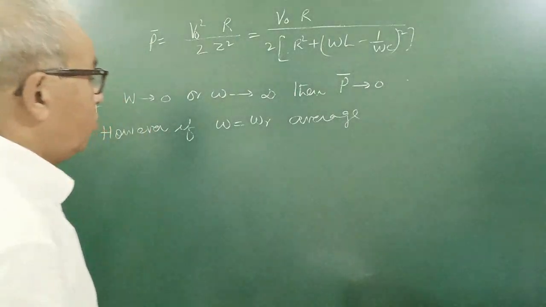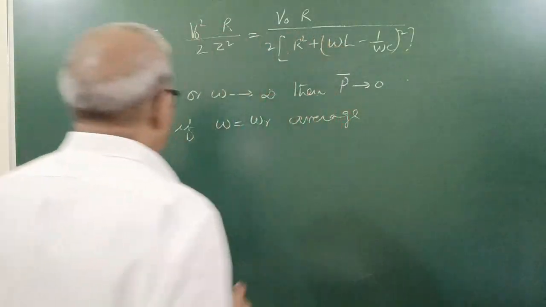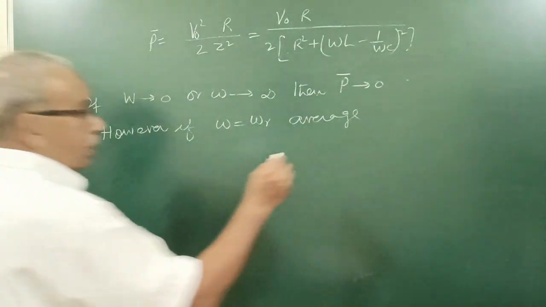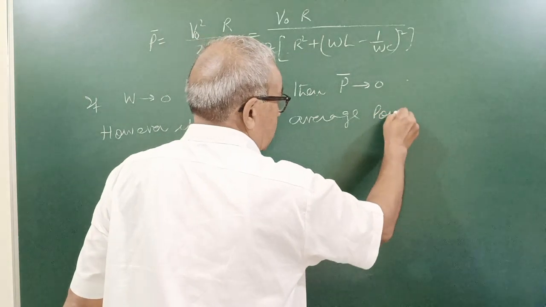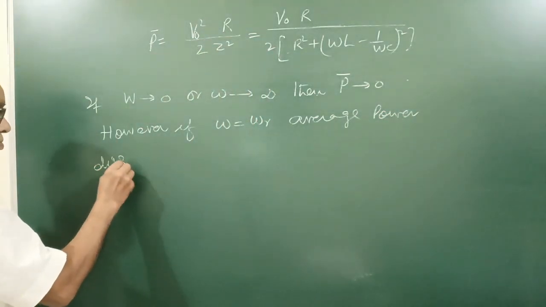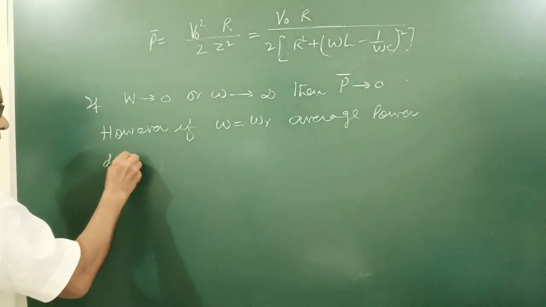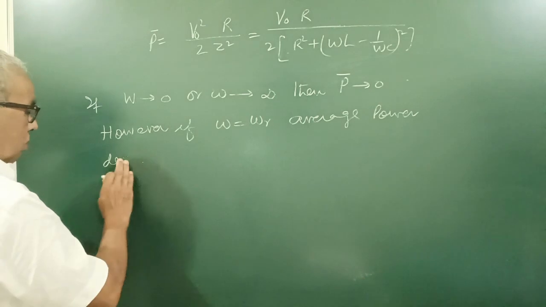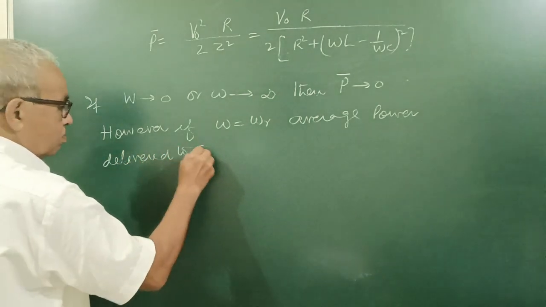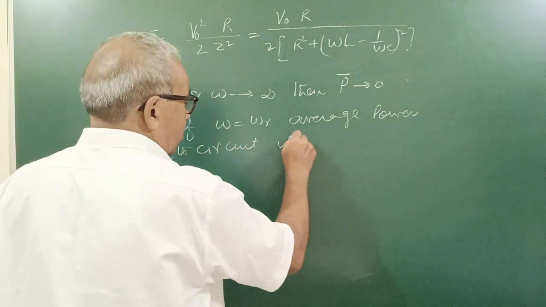If however omega equal to omega r, the source frequency matches with the natural frequency, then the average power dissipated or delivered to the circuit is maximum.